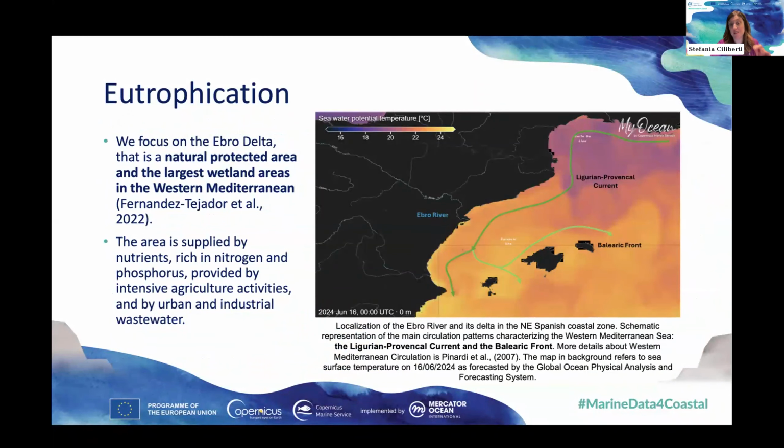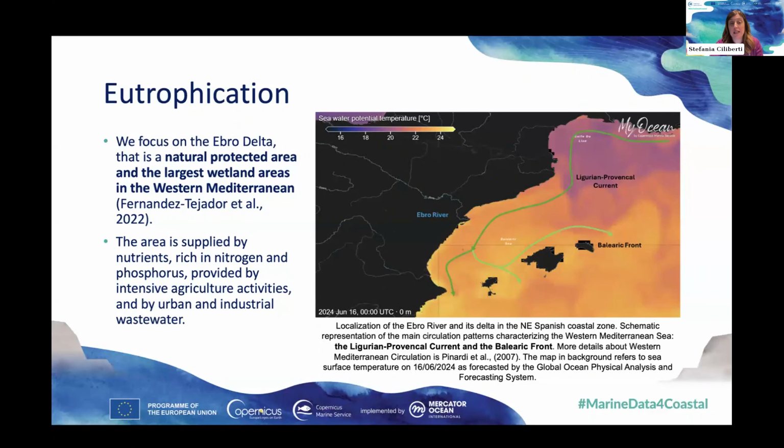In this case, just as a showcase, we propose the Ebro Delta because it's a river, and it gives us the opportunity to introduce the regional products available in the Copernicus catalog, but also the high-resolution satellite products provided by the Ocean Color Thematic Assembly Center in the Copernicus Marine Service.